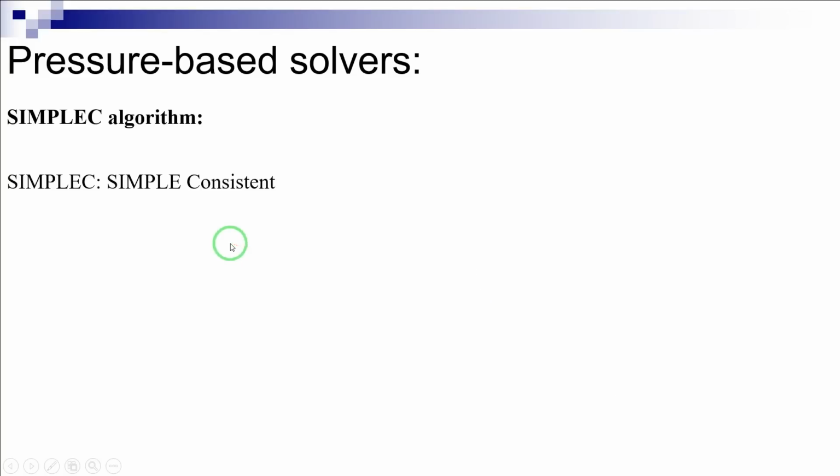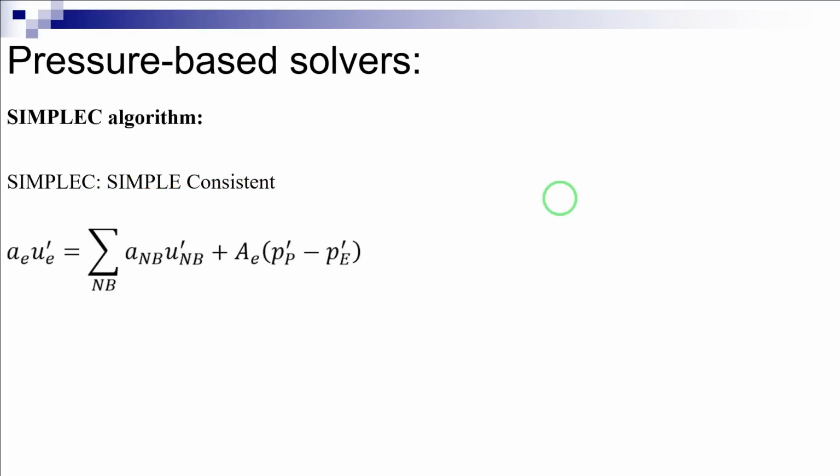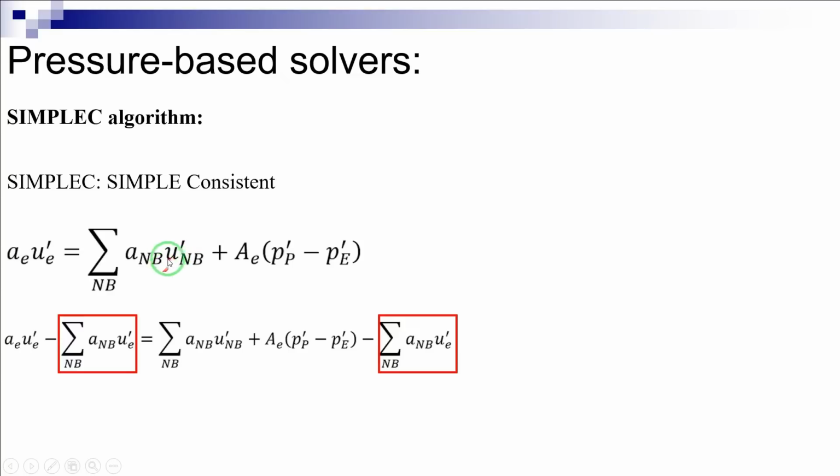SIMPLEC algorithm. This algorithm is similar to the SIMPLE algorithm except for the velocity correction equation. The SIMPLEC, which stands for SIMPLE Consistent, seeks to reduce the effect of this phrase ignored in the SIMPLE algorithm. In the SIMPLE algorithm, we obtain the following equation, which relates the velocity and pressure corrections.